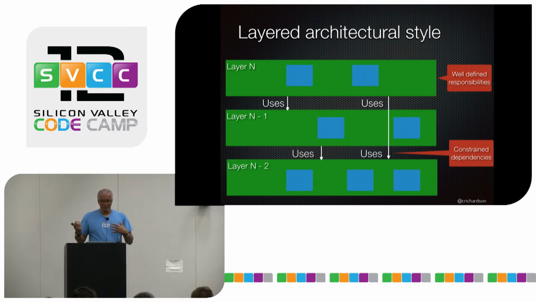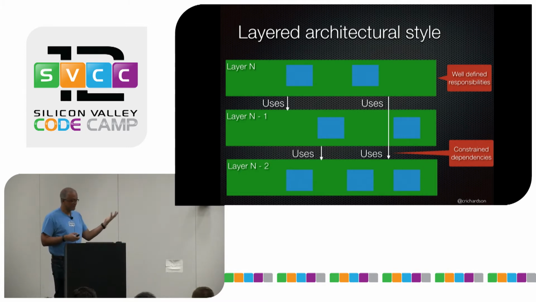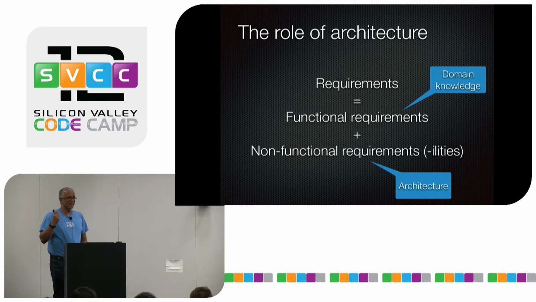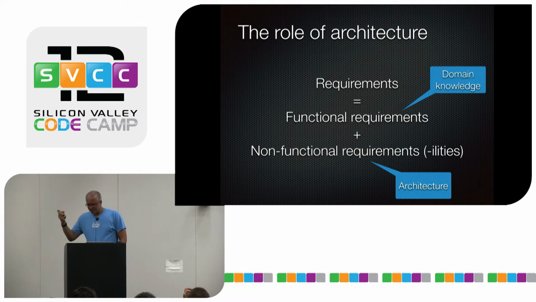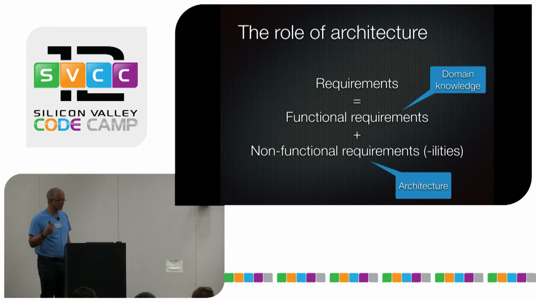So, we've got a definition of architecture. We've got the 4+1 view as a way of describing your architecture, plus this concept of architectural style. And then it's like, well, who cares? Why does this matter? What's interesting is, if you look at the requirements for an application, there's really two kinds. There's the functional requirements, what it does, which is usually described by use cases and stories.